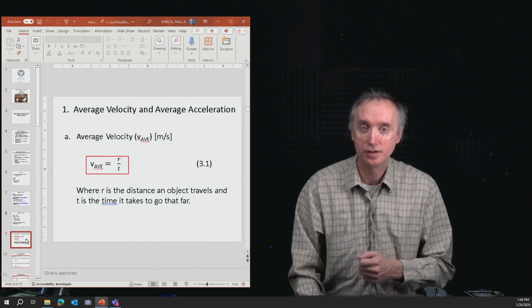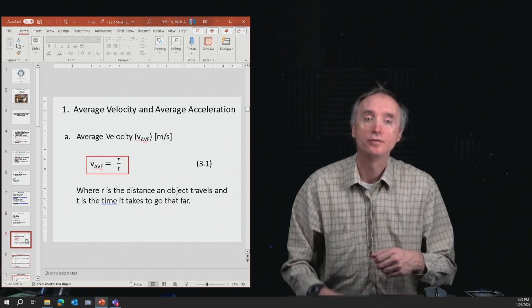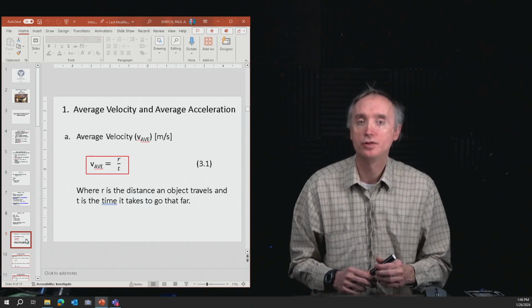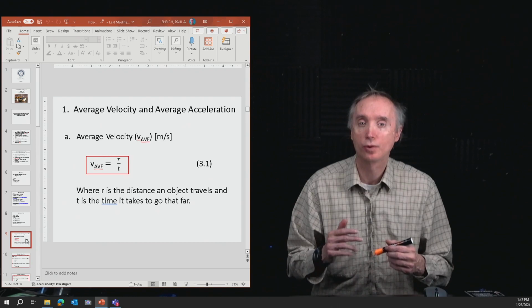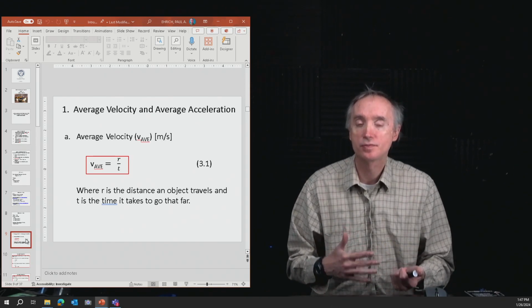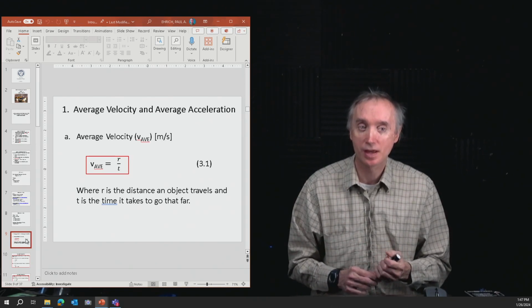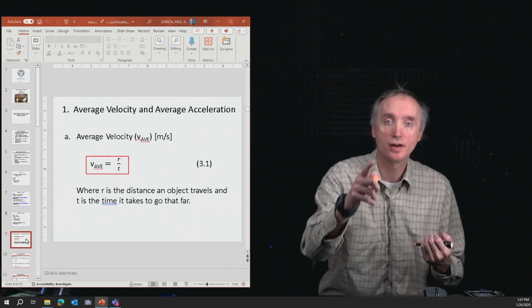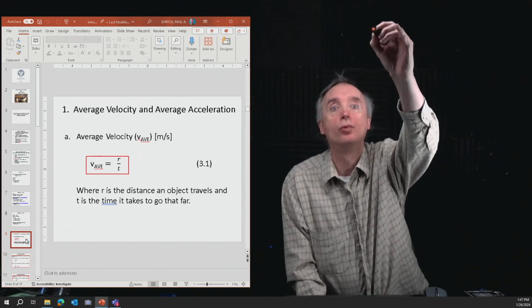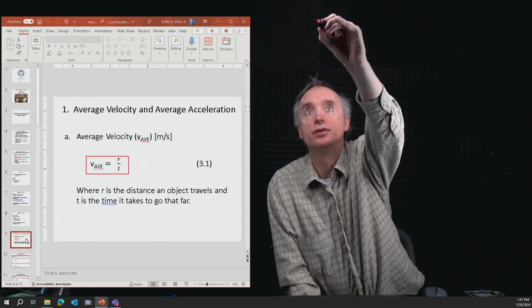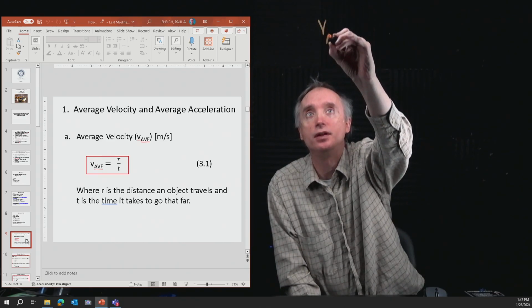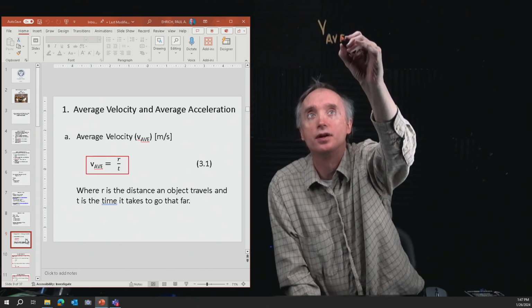So velocity is going to be a vector. For right now though, all we need to know is we're going to treat speed and velocity as being the same thing.